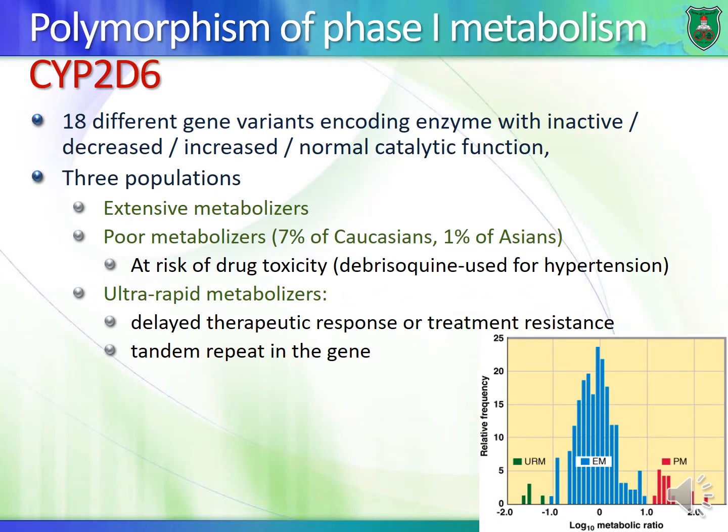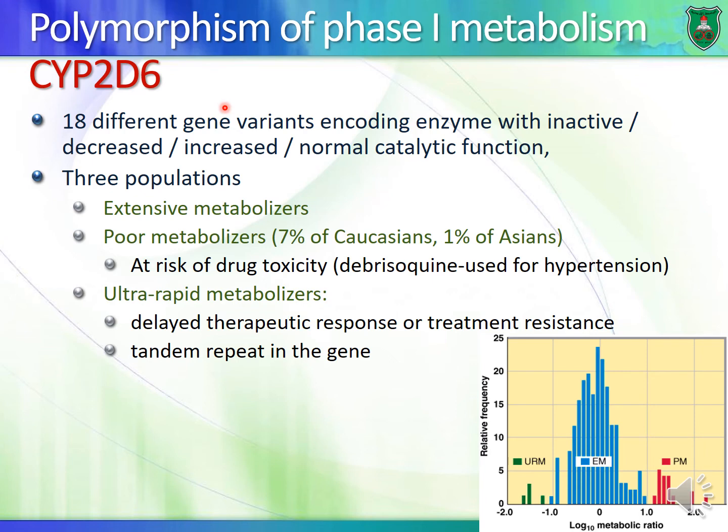So polymorphisms in certain genes have been shown to influence the metabolism of drugs and drug response. An example is the enzyme CYP2D6.